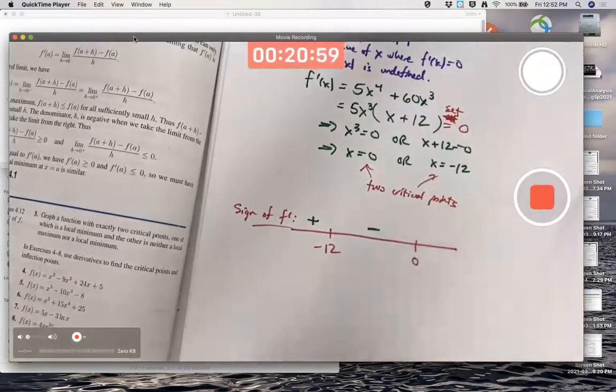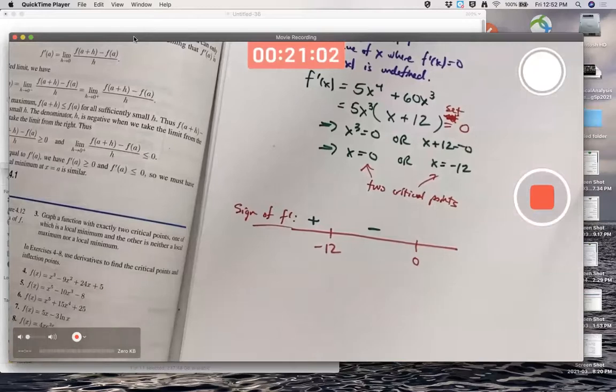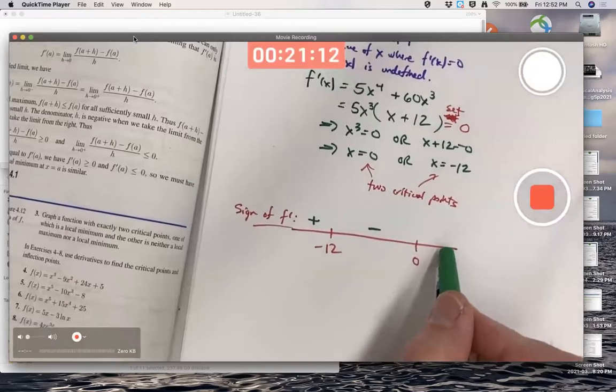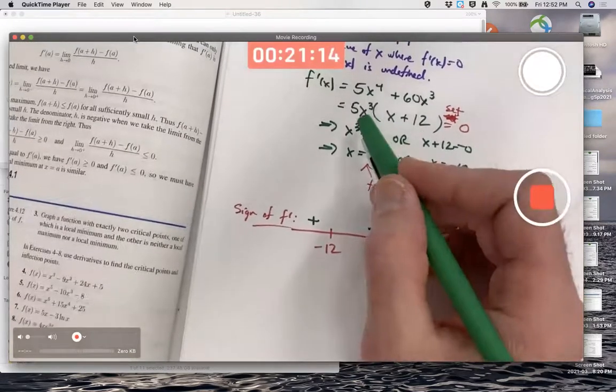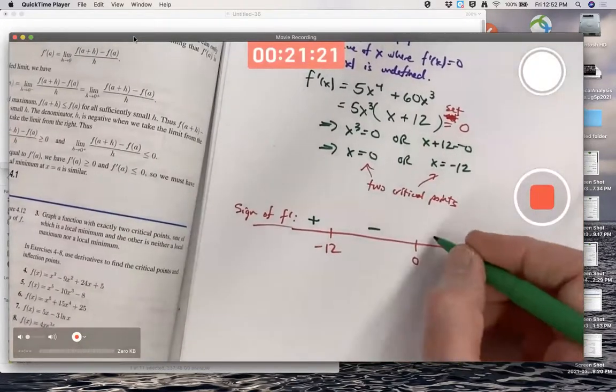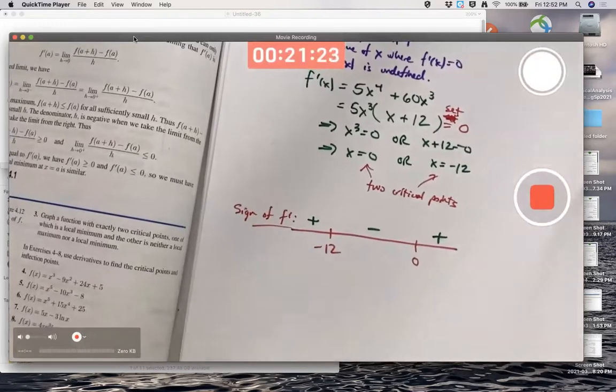The sign of f prime is negative between negative 12 and 0. Now plug in a number bigger than 0, like, how about 1? I would get positive times positive times positive. The derivative is positive over there.